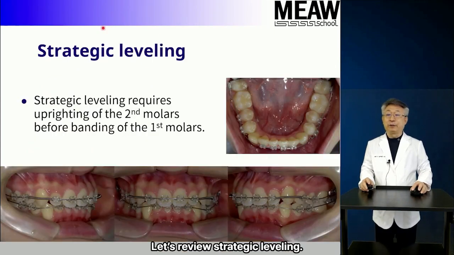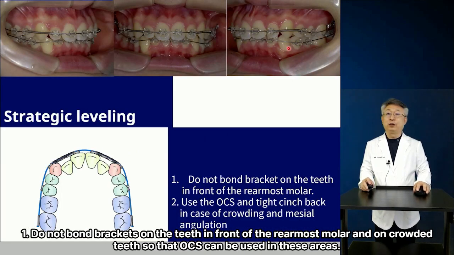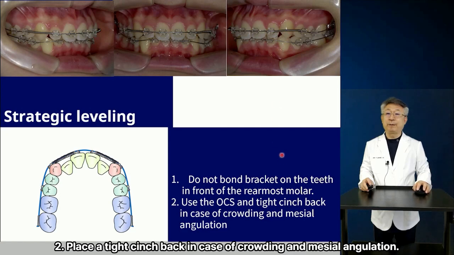Let's review strategic leveling. 1. Do not bond brackets on the teeth in front of the rearmost molar and on crowded teeth, so that OCS can be used in these areas. 2. Place a tight cinch back in case of crowding and mesial angulation.